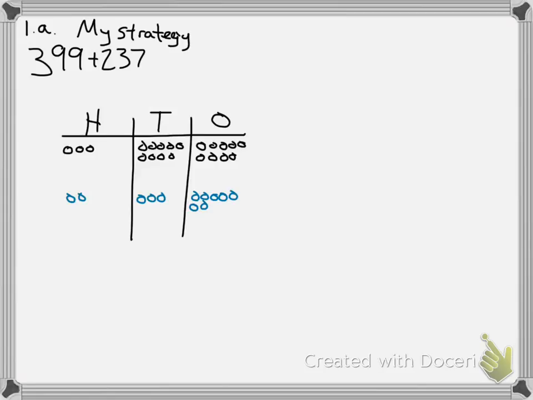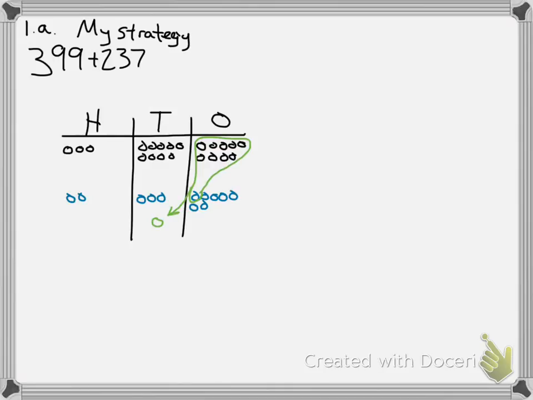So of course when I'm doing this, I have to start over in my ones column. So I've got 9, 10. So I can just go ahead and bundle that and move it over.